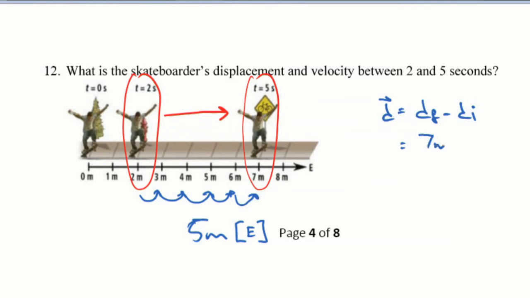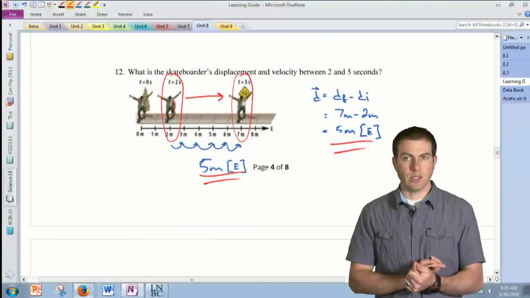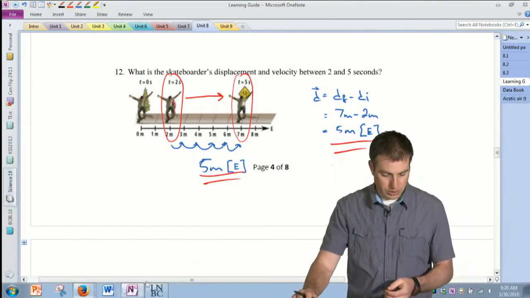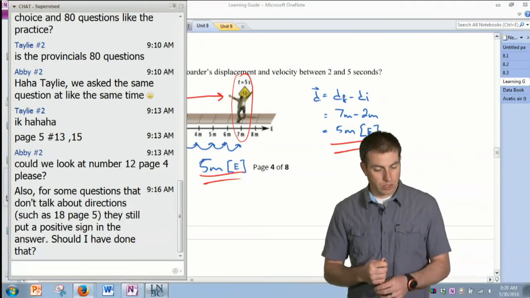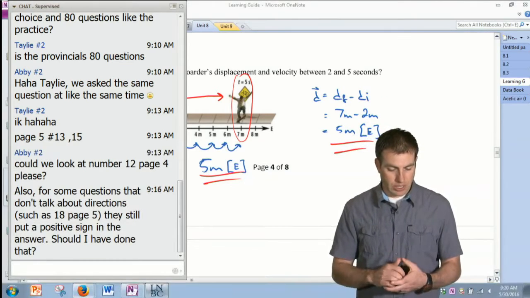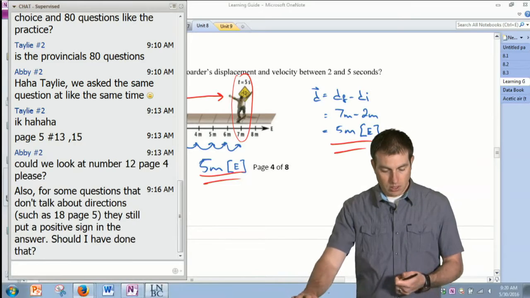You had 7 meters minus 2 meters is 5 meters, and then you look at the direction, east. Doesn't really matter how you get there, as long as you are coming up with something like that. That's good. Now I'm just reading this last question asked here. For some questions that we don't talk about directions, such as 18 page 5, they still put a positive sign in the answer.